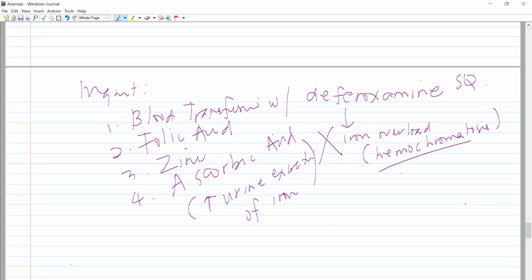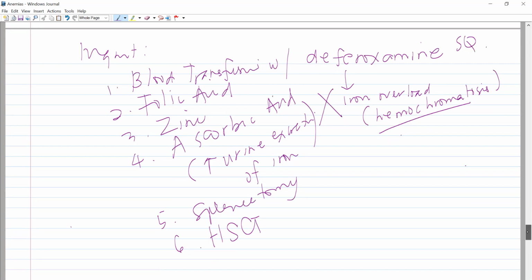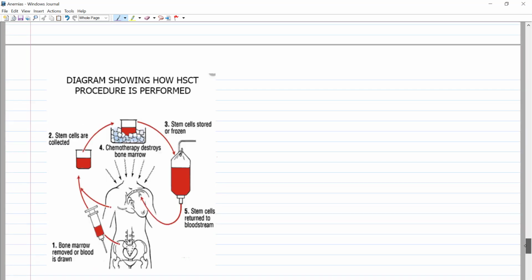And of course, if their spleen is too big and the healthcare provider recommended splenectomy, that is also a part of the medical management. And HSCT, or hematopoietic stem cell transplant. I think I have an image here.